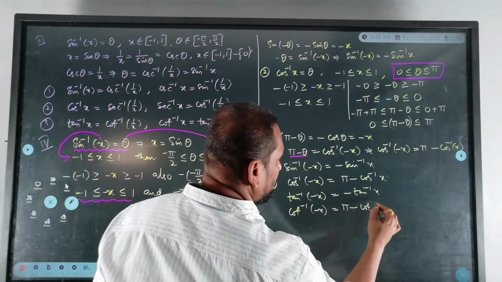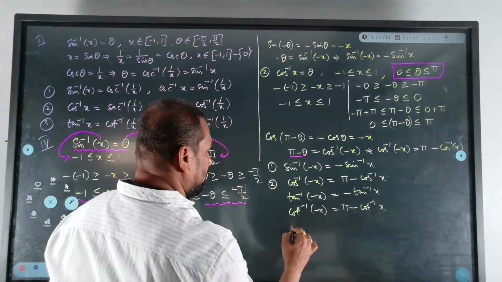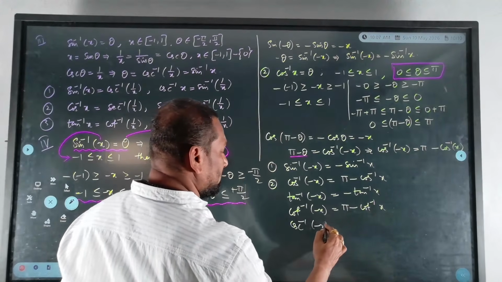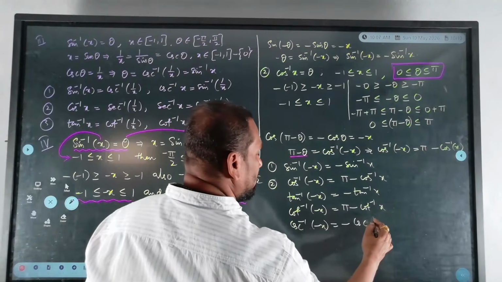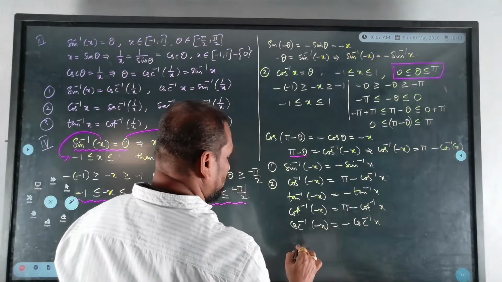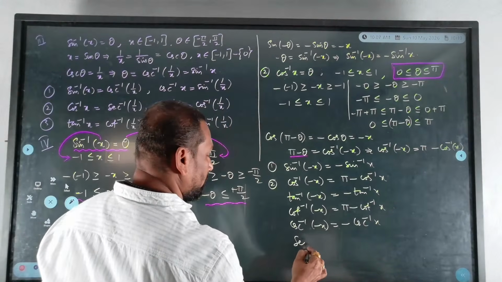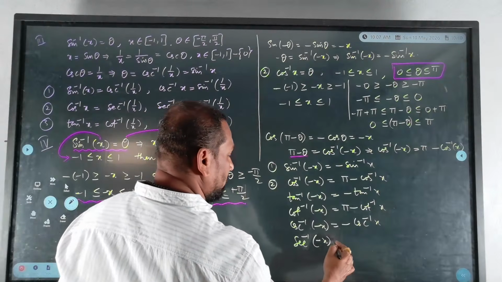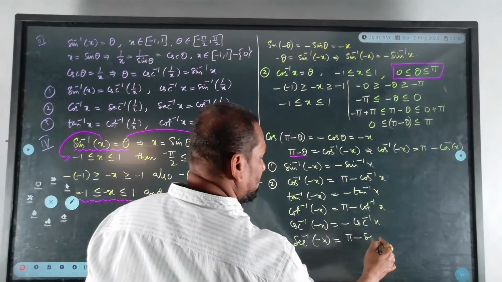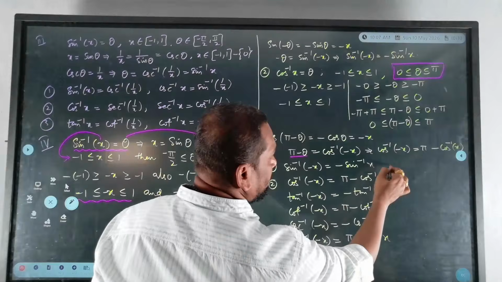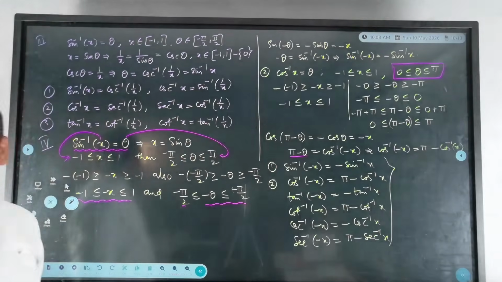Next, cosecant inverse of minus x is equal to minus cosecant inverse x. Secant inverse of minus x is equal to pi minus secant inverse x. These are very important results.